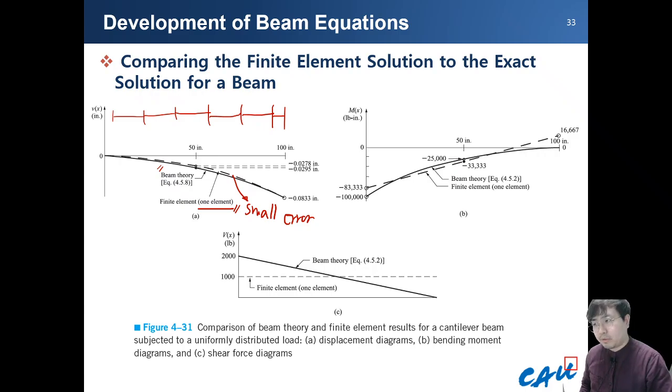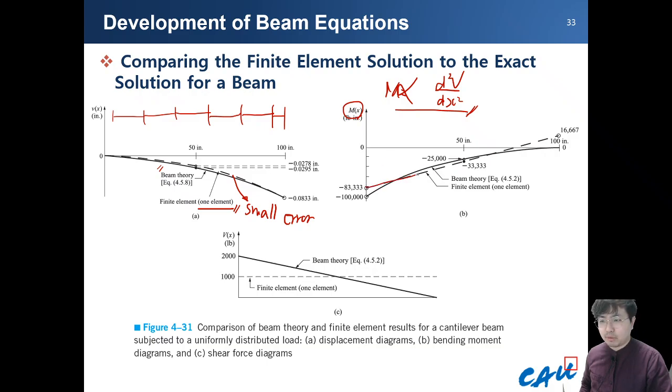However, the moment, what is the moment? Do you remember this? This is a second derivative of the displacement. So they added one more thing here, maybe. I forgot the detail, but anyway, this moment is proportional to the second derivative of the vertical displacement with respect to x. So that means that due to the small error, we generated a larger moment error.